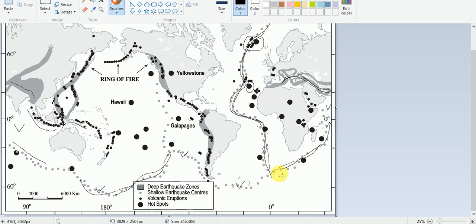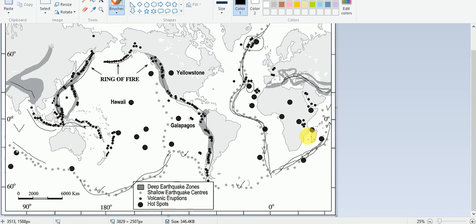Here also, and here also, earthquake zones coincide with the hotspots of the volcanoes.